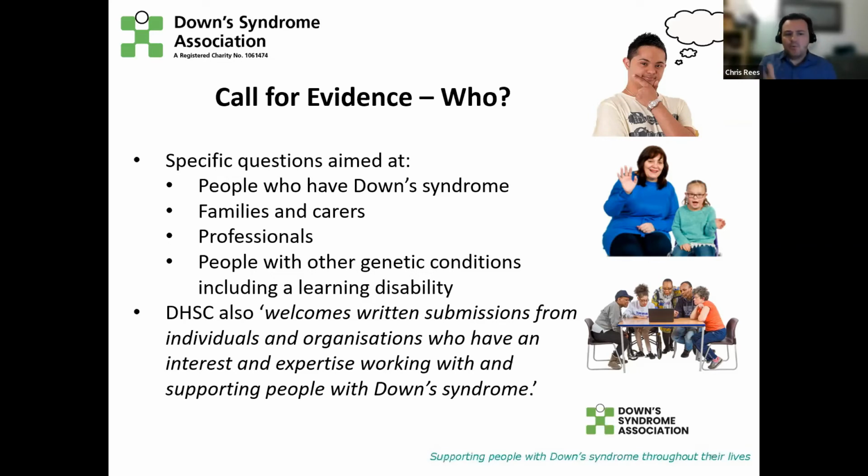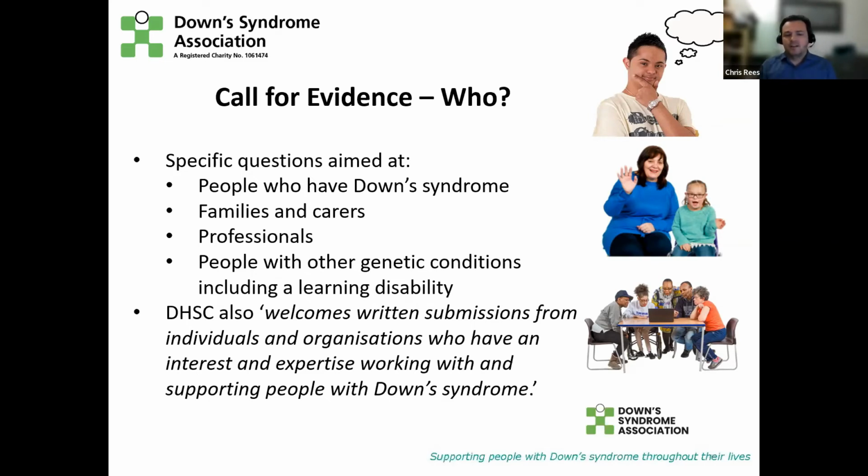In terms of the paperwork, it separates the questions out: there are specific questions for people who have Down syndrome, their families and carers, professionals who work with people who have Down syndrome, and then people with other genetic conditions, including learning disabilities. And that comes from something. During the journey of the Act, when it was a bill in Parliament, there were a lot of questions about, and I'm sure some of you will be aware of this, why was it just about Down syndrome?